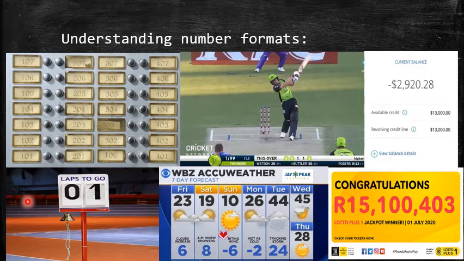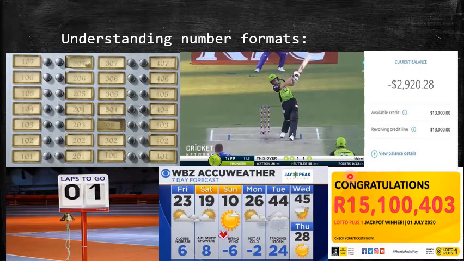If we look at something like the temperature, here you'll see some of the temperatures are positive, some of them are negative. Then you can see the -6 says it's biting winds, and -2 says not as cold. So there's obviously a difference between negative values as well.